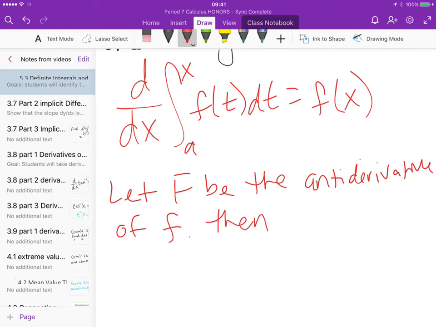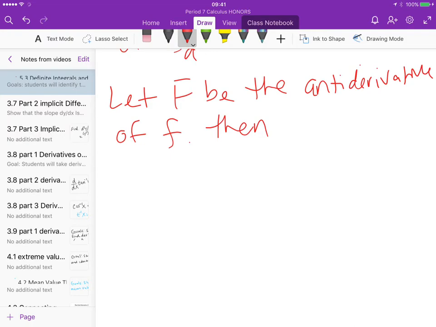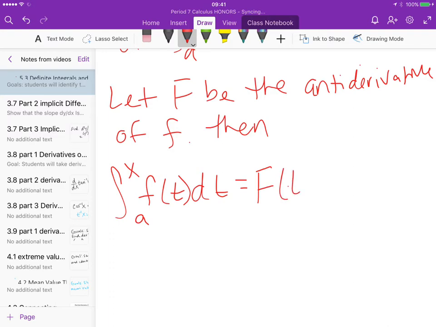Then what we can say is that from a to x, and again, we're using these variables because we don't want to get a mix and match between the f of x and which ones we actually are concerned with, the integral of f of t dt equals the antiderivative of f of x. Whoops, I put of t, I mean of x. Of x, and then don't forget plus your constant c.